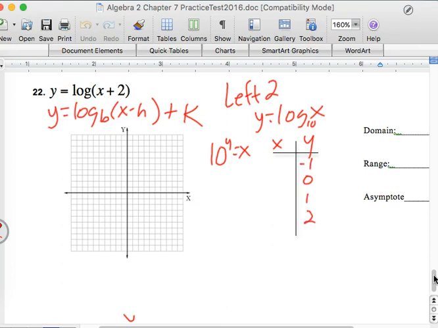So what's 10 to the negative 1? 10 to the 0. But you know, that is so helpful because it tells you it is almost flat. So when you're graphing, you'll know, don't make it look like it's going to zip up really high. It's not. So 1/10, -1, 0, 1.